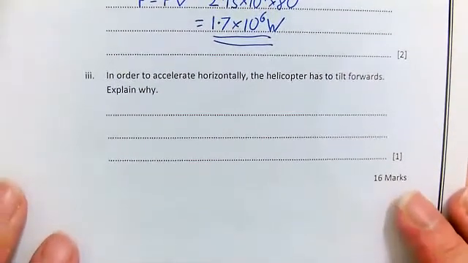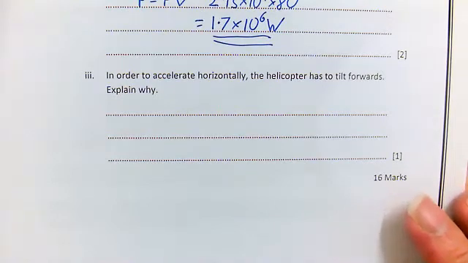In order to be able to accelerate horizontally, the helicopter has to tilt forwards. Explain why. So this is one where we have to start thinking about how the helicopter actually accelerates.